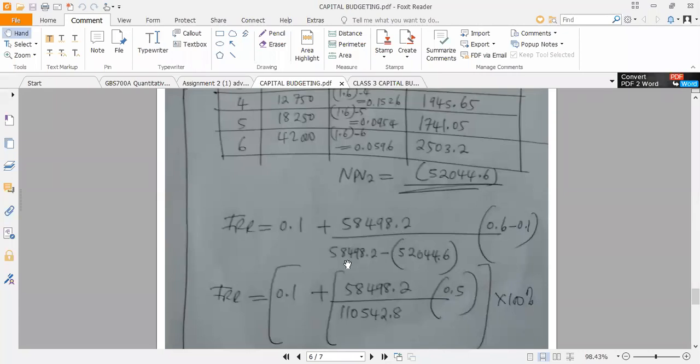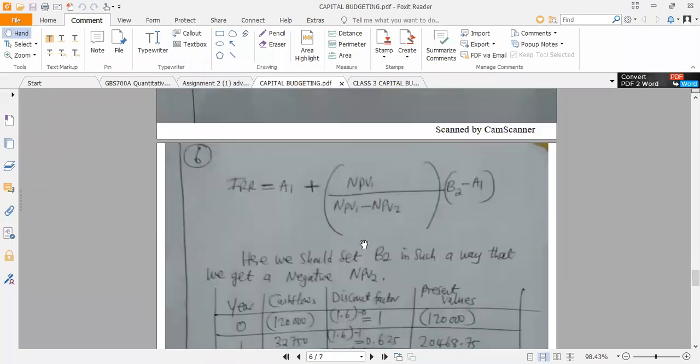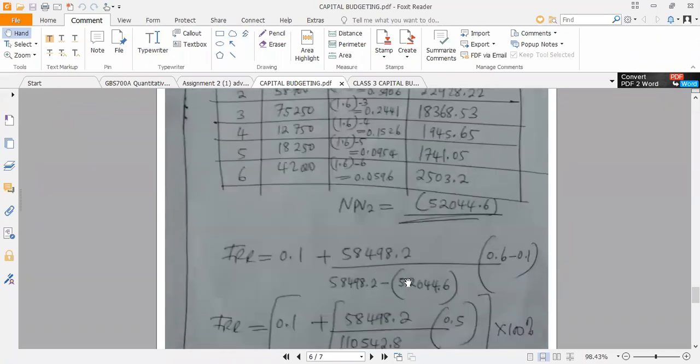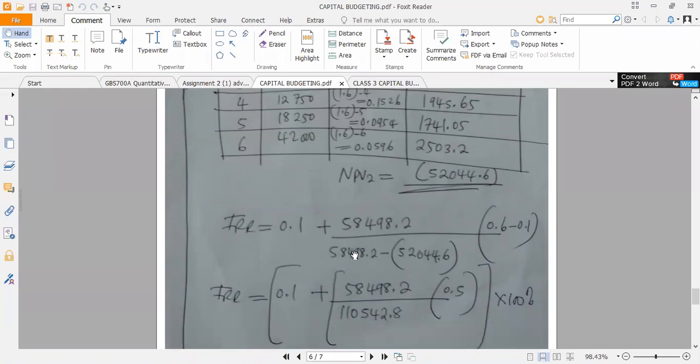You bring it down according to the formula, then minus the bottom part here, because this is minus, it will give us a plus. So these two, you aggregate them, and we get 110,542.8, because this one was negative, so it gives us a positive 1. Then as you subtract the 0.6 minus the 0.1, we get the 0.5.